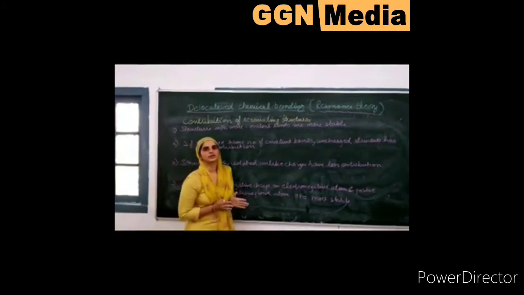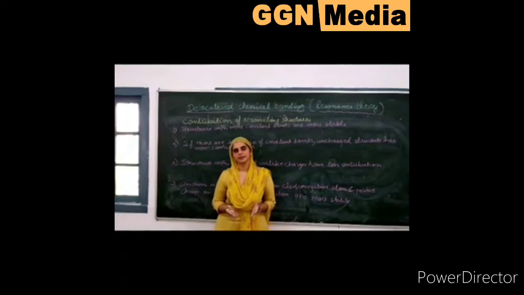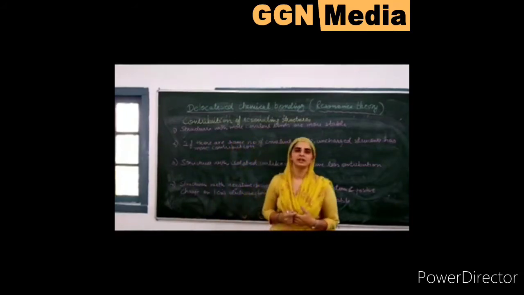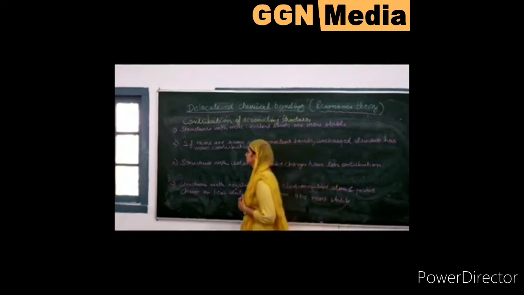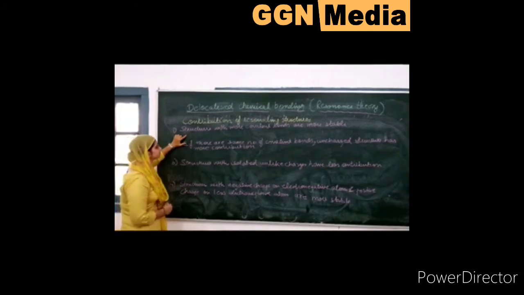The more the stability of a resonating structure, the more will be its contribution towards the resonance hybrid. And the stability can be determined by certain empirical rules. So these rules are given. The first point is the structures with more covalent bonds are more stable and more contributing towards the resonance hybrid.